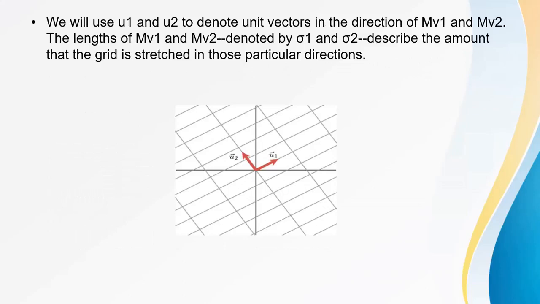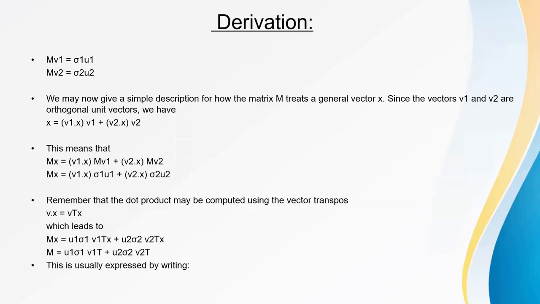So u1 and u2 are two unit vectors in the direction of transform vector, whereas sigma 1 and sigma 2 are the length of transform vectors. So transform vector mv1 is equal to the length, that is sigma 1, times unit vector, that is u1. Similarly, we can get the second equation.